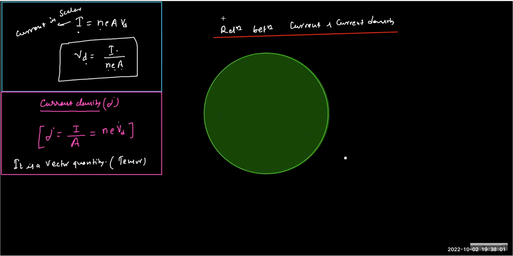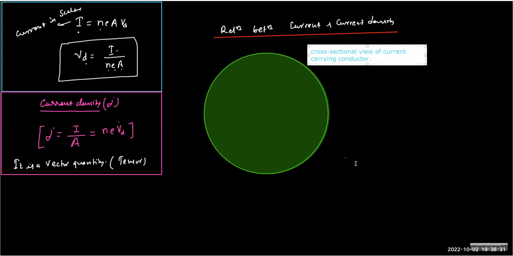So imagine this is the cross-sectional view of a current-carrying conductor of circular cross section. From the context, you can understand what I'm saying.